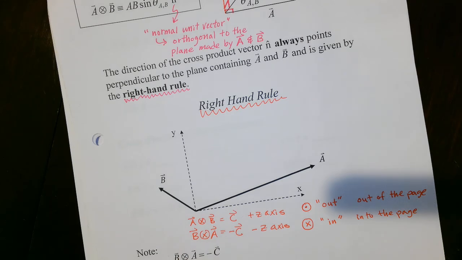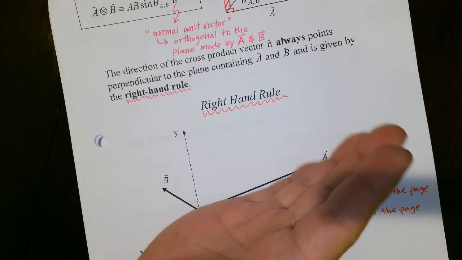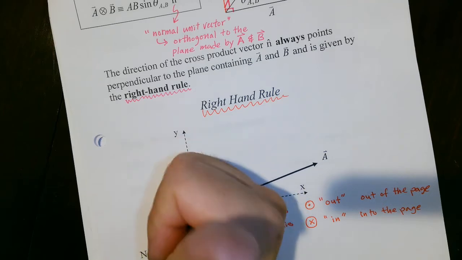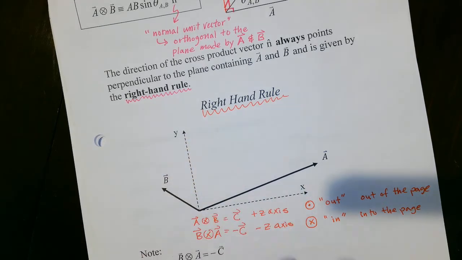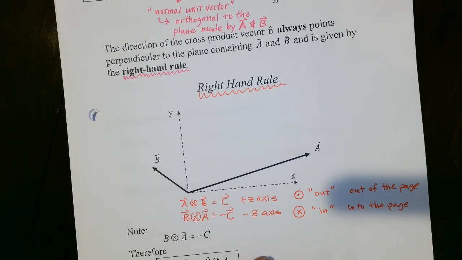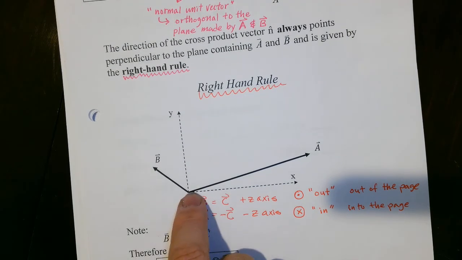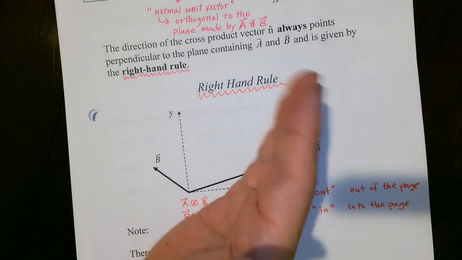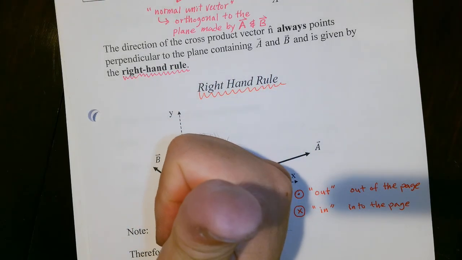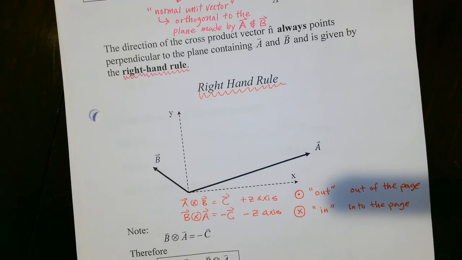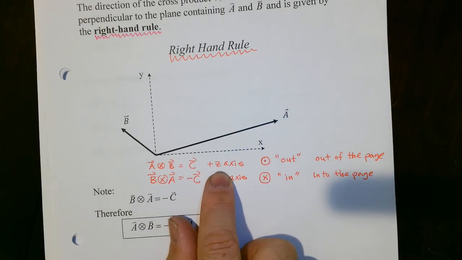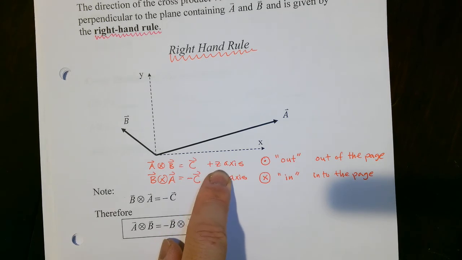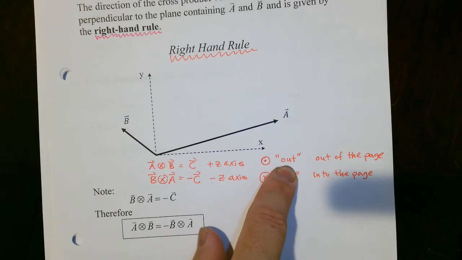So if I curl my fingers along A towards B in the lesser than 180 angle, my thumb represents the direction of the cross product. So in our particular case, when I do A cross B, then my thumb, which is pointing out of the page, will be considered as my direction of the cross product of A cross B. In our case, it would be positive z-axis, or simply out of the page.